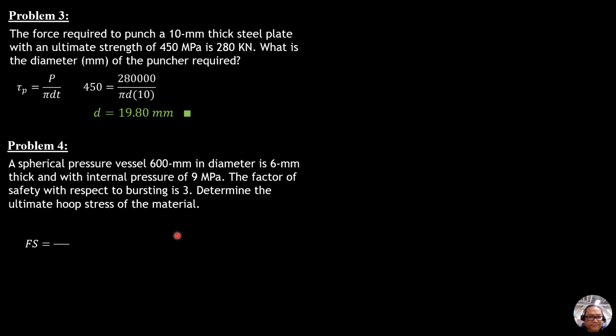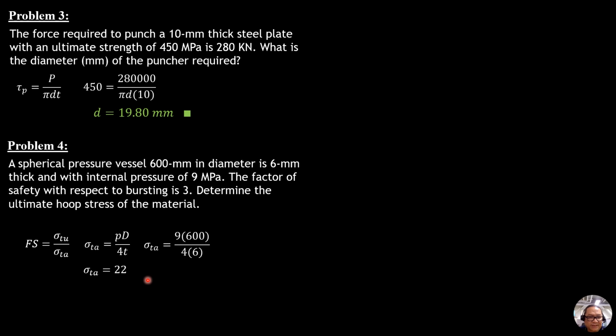So by definition, factor of safety is sigma T ultimate divided by sigma T actual, where sigma T actual is PD over 4t. So substituting internal pressure 9, diameter 600 mm divided by 4 times the thickness 6 mm. So that would also be in megapascals.